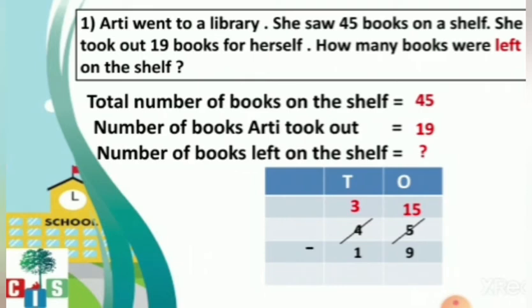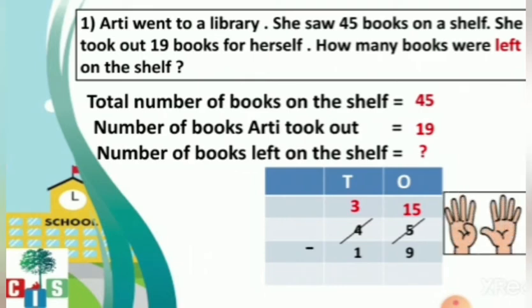So open your 9 fingers and let's start with the backward counting. So 14, 13, 12, 11, 10, 9, 8, 7, 6. 15 minus 9, you will get the answer 6. Now let's move to the tens column. 3 minus 1.